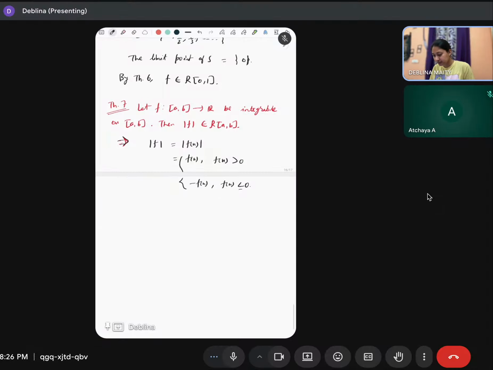Now f is Riemann integrable, so f is bounded, right? Now f belongs to R[a,b], so this implies f is bounded.